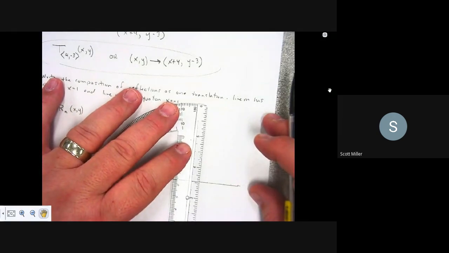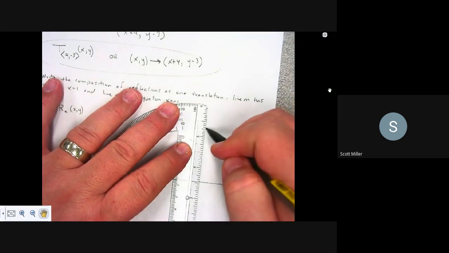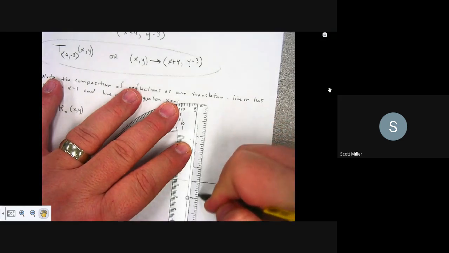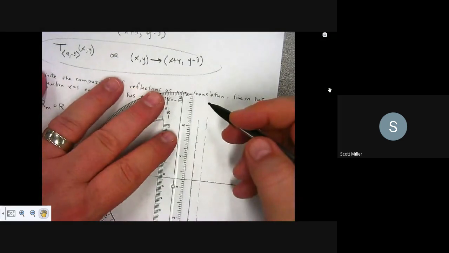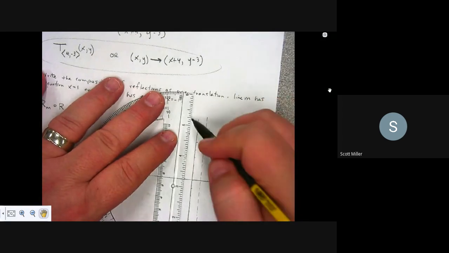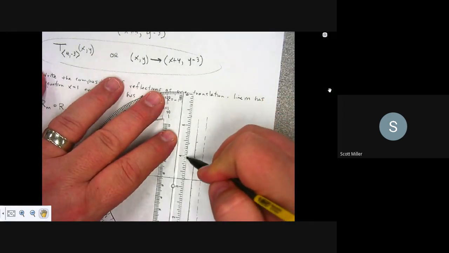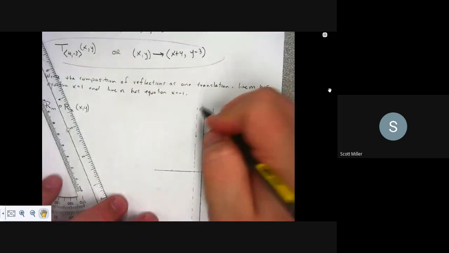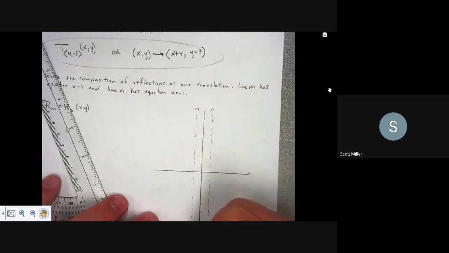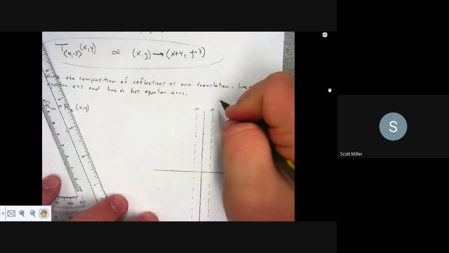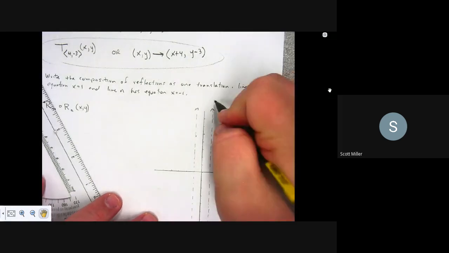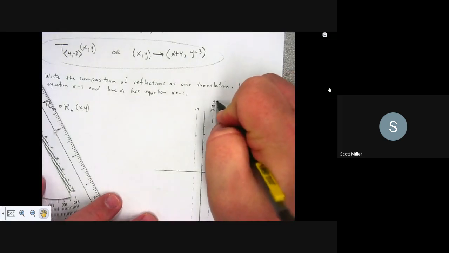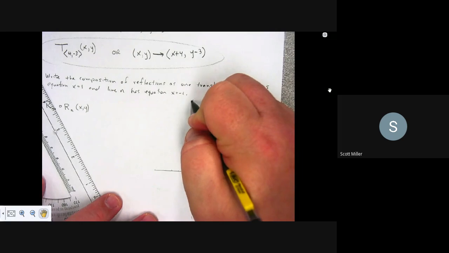We're drawing a vertical line, and then another vertical line. So this line and the other one are parallel. This line right here is M. This is x equals 1. This is N, and this is x equals -1.